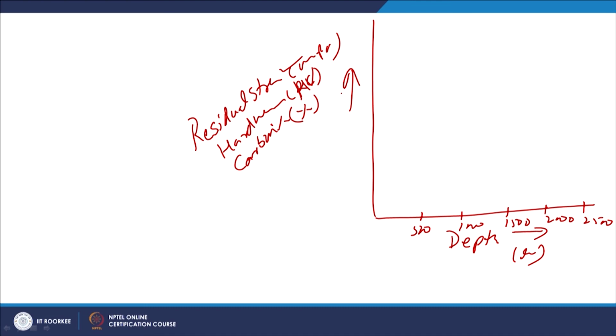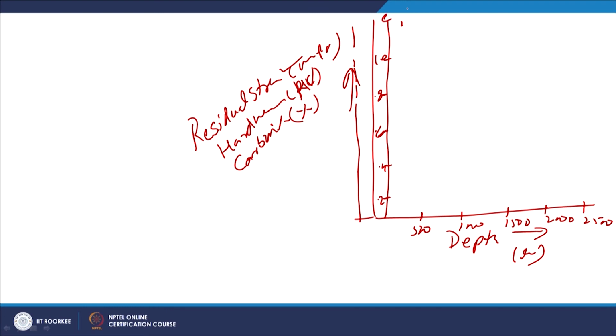In the y axis, we can draw three different lines. The inner one is for the carbon content: 0.2, 0.4, 0.6, 0.8, 1.0.